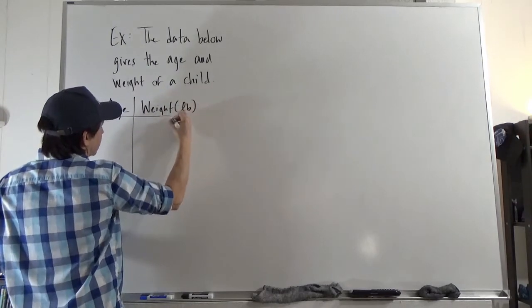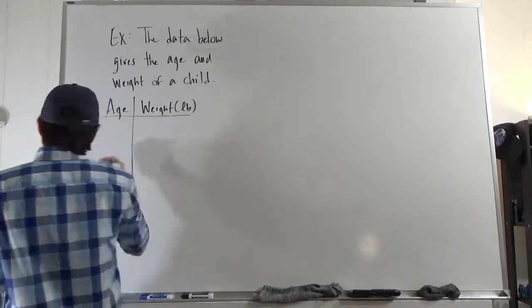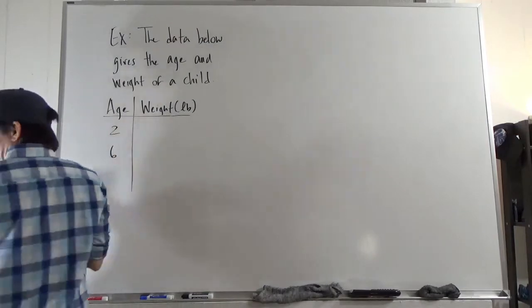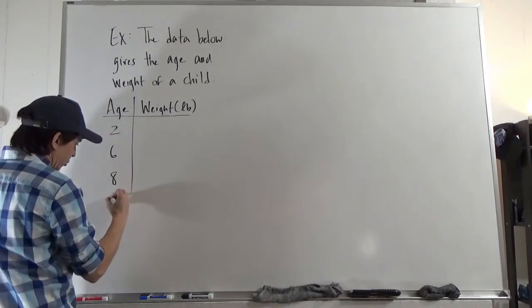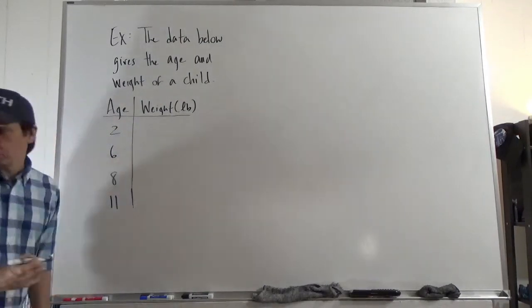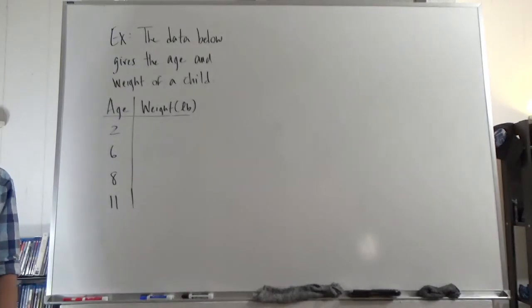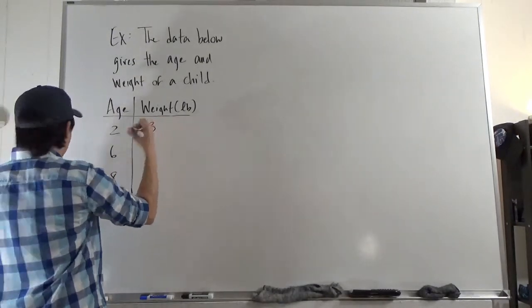Weights in pounds, age obviously in years: 2, 6, 8, and 11. So for some reason they only measured this kid's weight at irregular intervals.